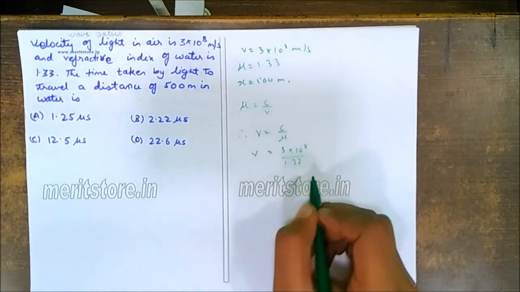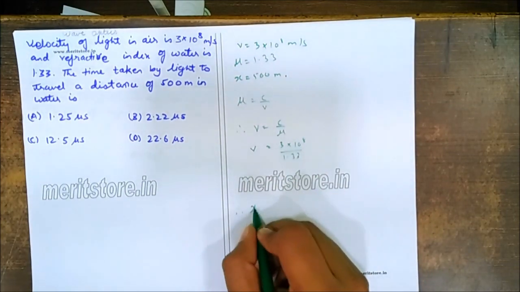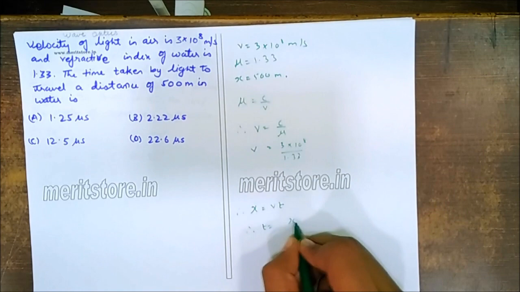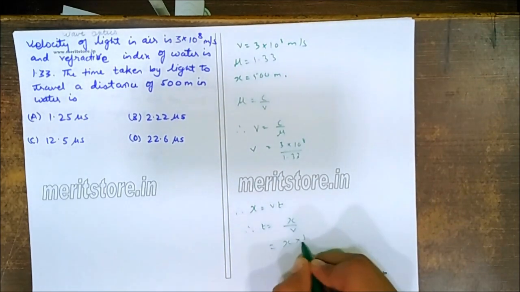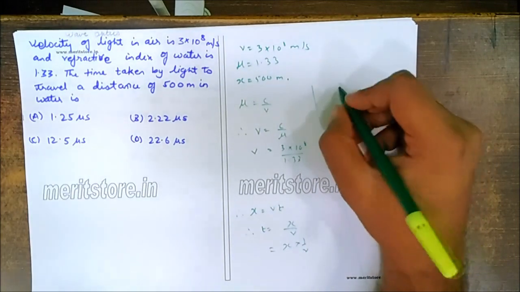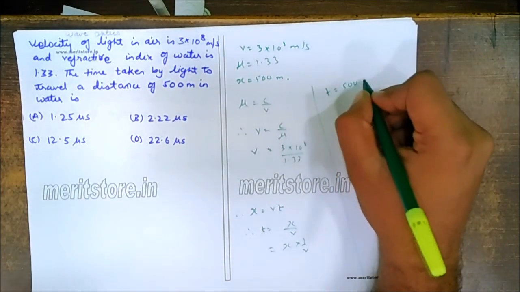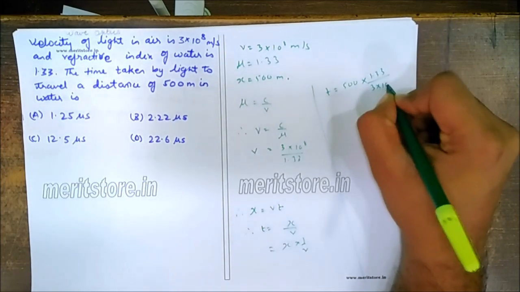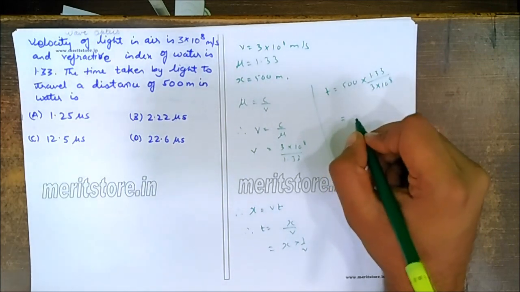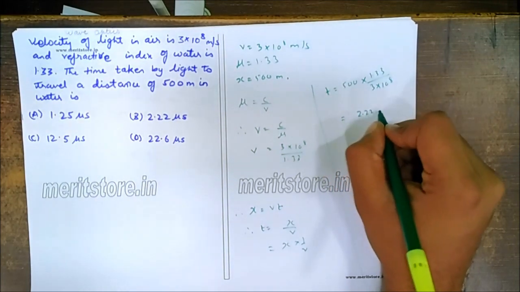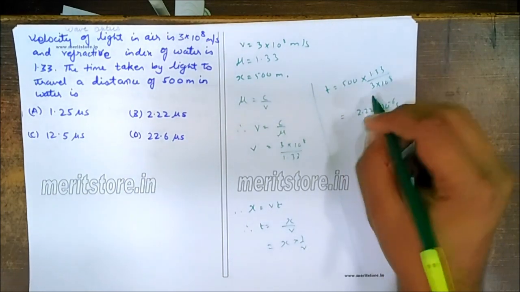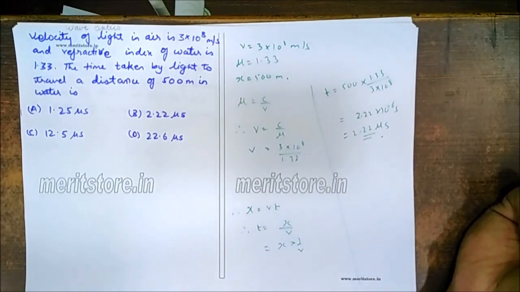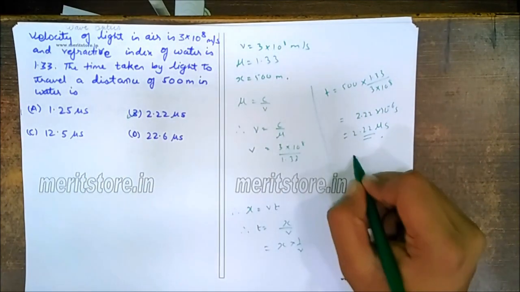So we'll keep v as it is. Now x is equal to vt, therefore time required, t, is equal to x upon v. So t is 500 into 1 upon v, that means 1.33 upon 3 into 10 raised to 8. So this will simplify as 2.22 into 10 raised to minus 6 seconds, that is 2.22 microseconds. Option B.